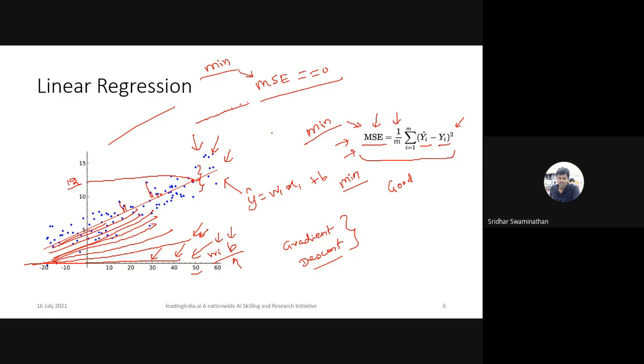Too much of good is also very bad for the society and for the family. You need to have some kind of craziness. You need to have some kind of error in the model also. So we don't want a 0 model error. We want some error so that we believe the model will generalize for future samples.